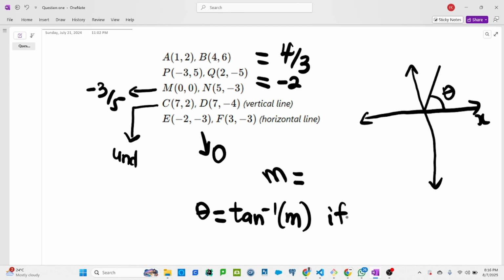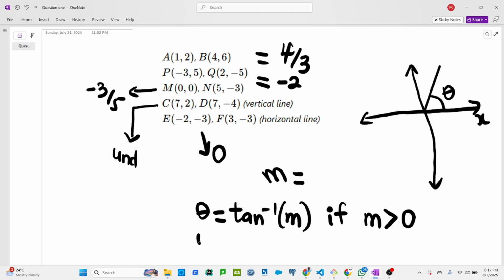If m is positive, meaning greater than 0, let's take that in mind. You use this formula if it is greater than 0. If you are asked to find the angle it makes with the x-axis, the angle is equal to tan inverse of m if that gradient is greater than 0.